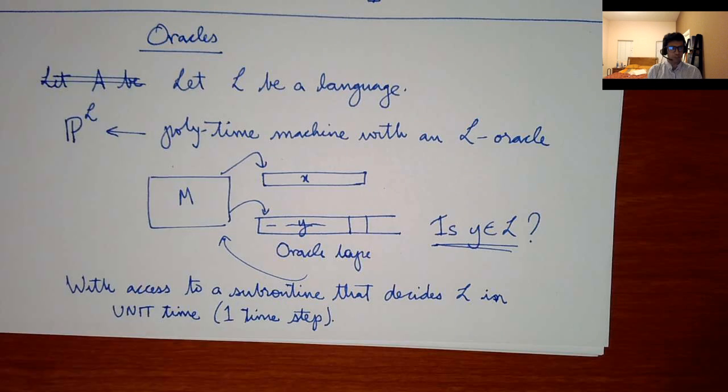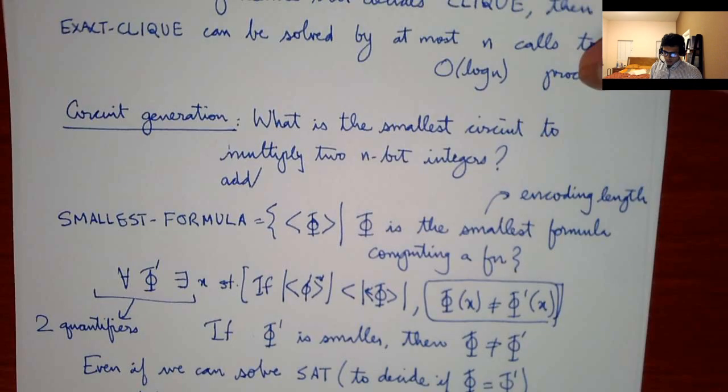Does the oracle machine make sense? Okay. Now that we've done this with P, we can do this with NP.